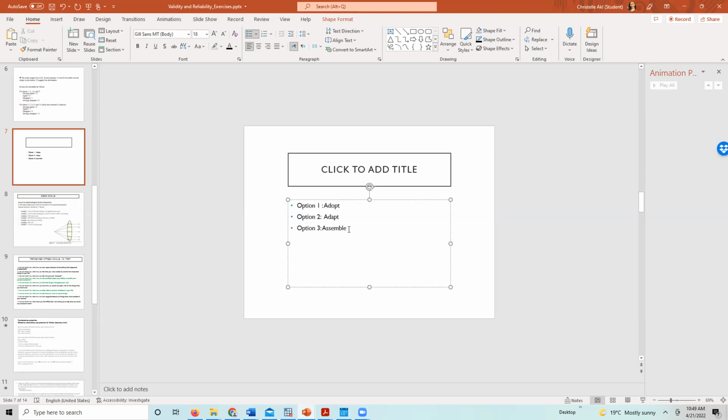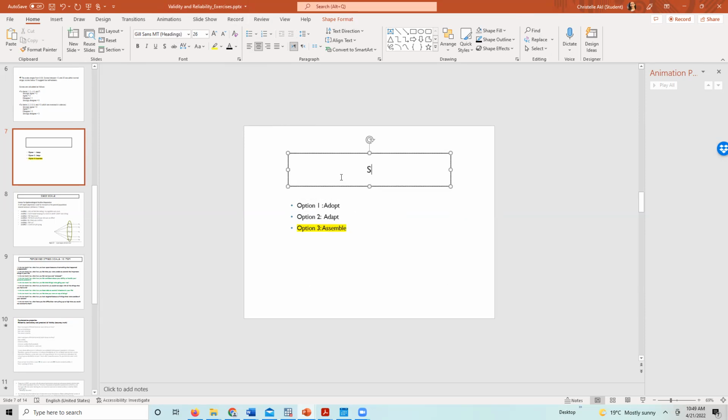I want to either create a new one from scratch, or take several scales and mix them to come up with a new one. So assemble is as if you're doing a new type of scale. And this will take a lot of time, it's a long process. You discuss with experts, you brainstorm possible questions, and you really try to construct a new scale, and then you test it in your population.